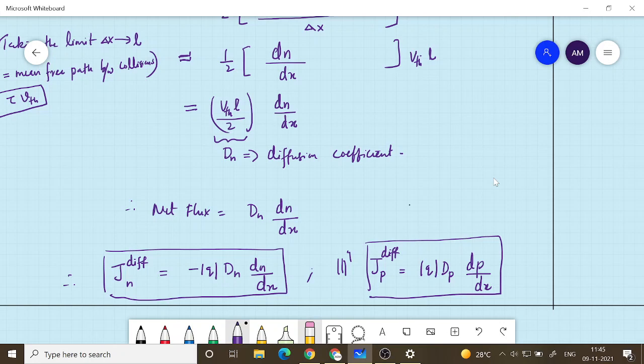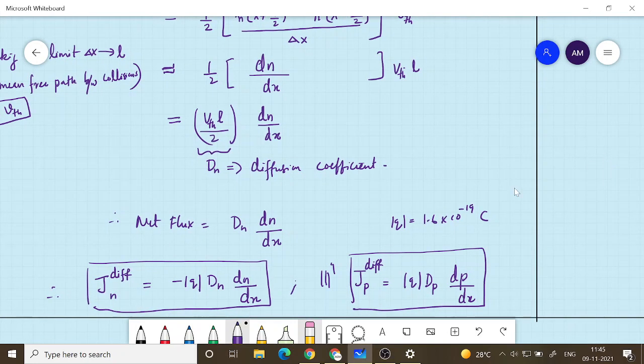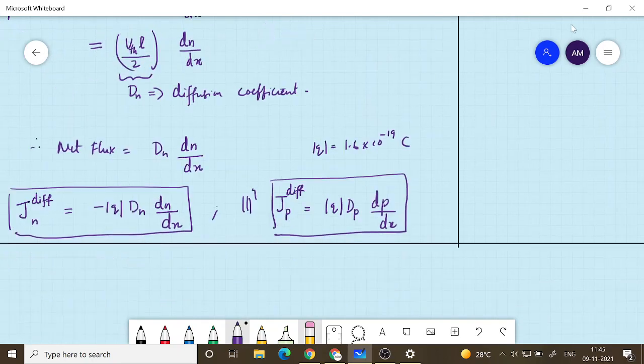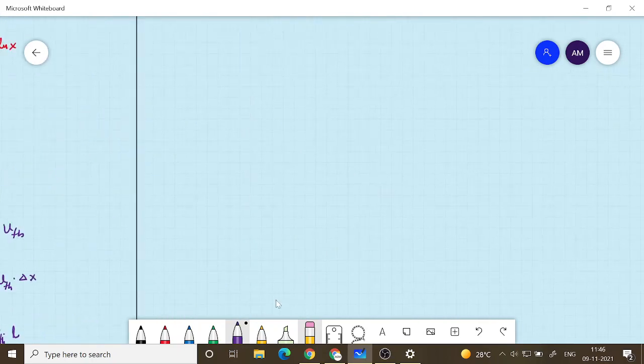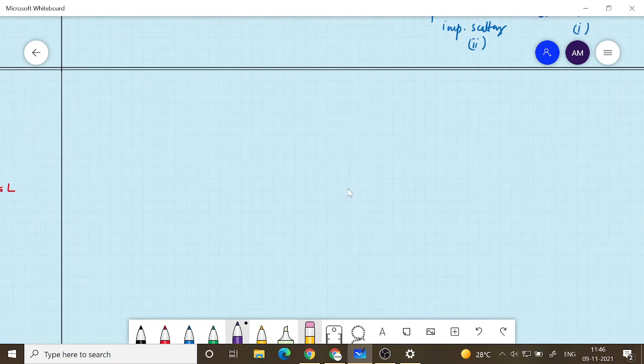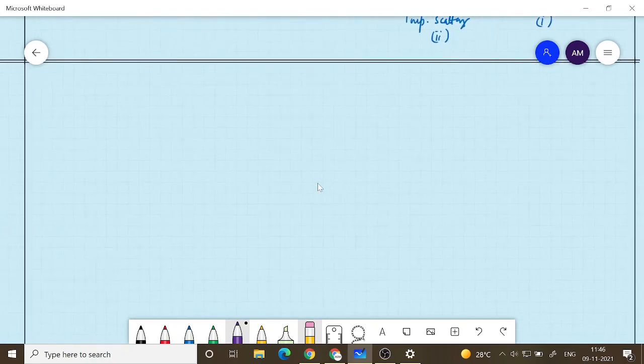When I say modulus q, I mean 1.6 into 10 raised to minus 19 coulomb. It is positive. So for electron, minus modulus q, otherwise there could be a confusion whether q is negative or positive. But if I put modulus, it is for sure that it is positive. That's the only reason, just to avoid confusion. Okay, so we got an expression for hole diffusion current and electron diffusion current.